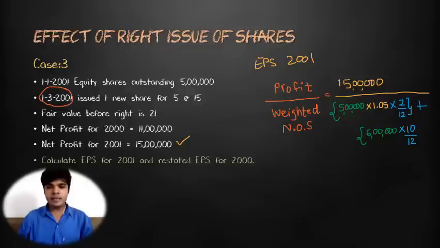So 10 divided by 12, this will give proper weight to the shares. And if we compute the whole bunch here, then we will get 2.55, which is going to be the EPS for 2001. So this is the whole procedure to find out EPS and restated EPS in the case of rights issue.